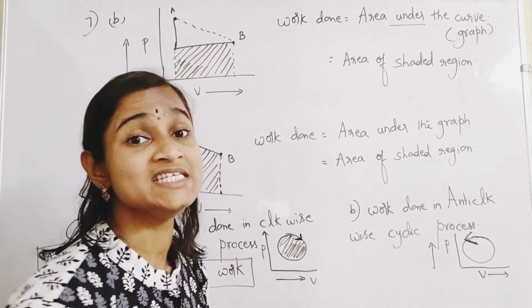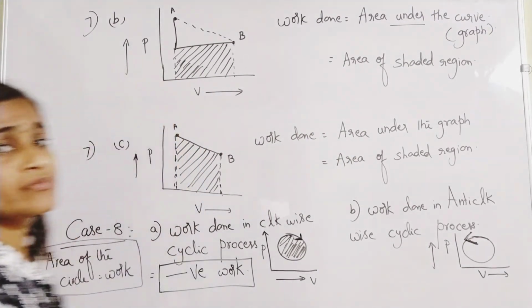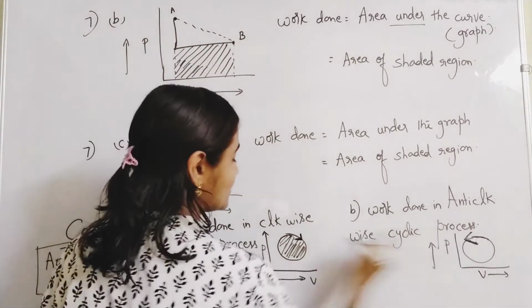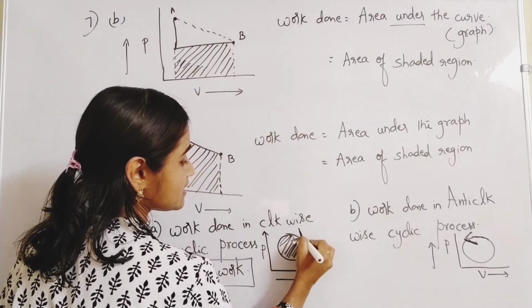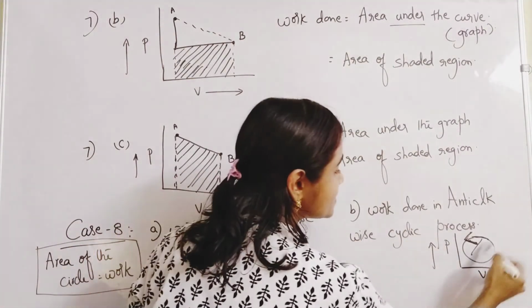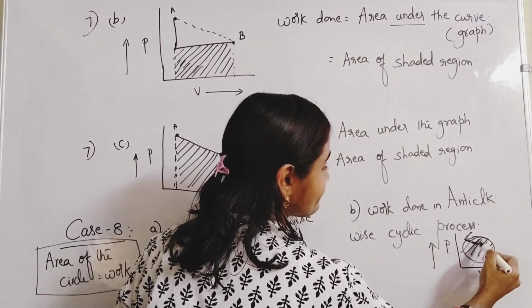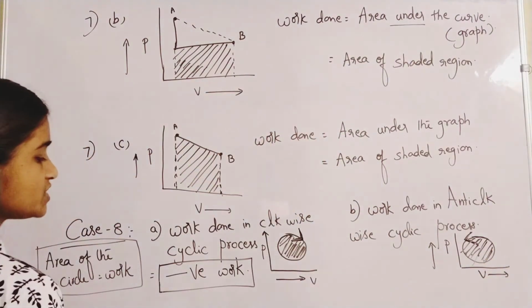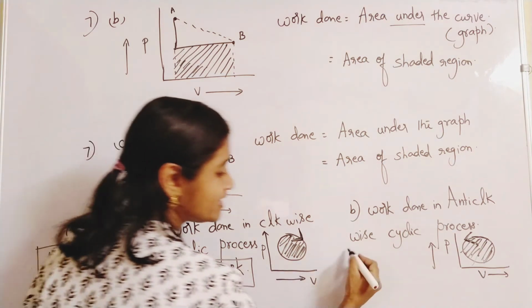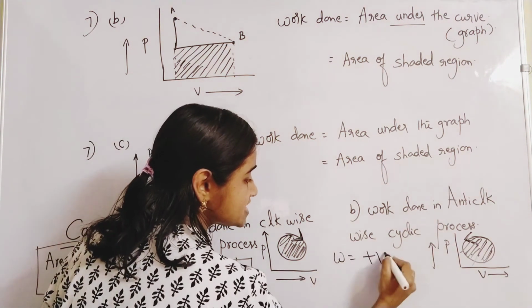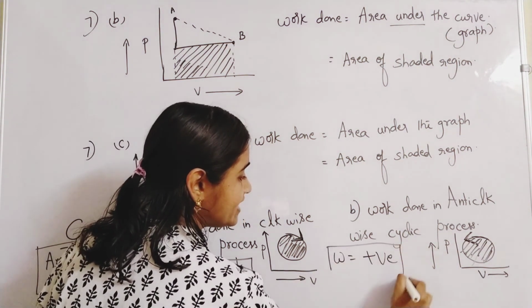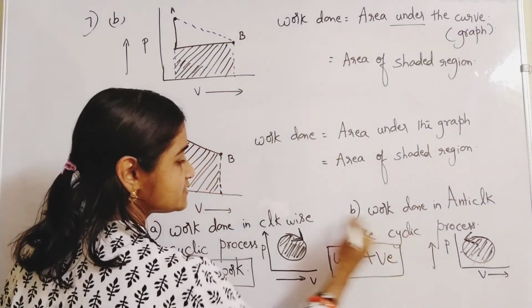Here it is clockwise, and here anti-clockwise. Work is again the area of the shaded region only, but here clockwise gives negative work, and if anti-clockwise, work is positive.